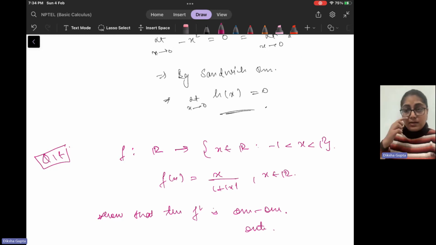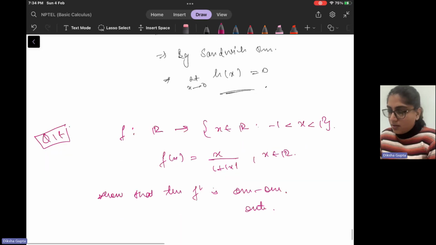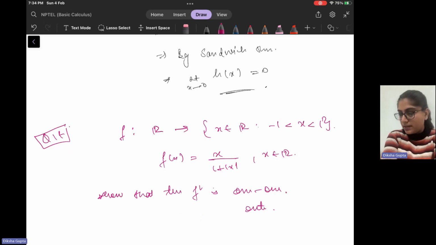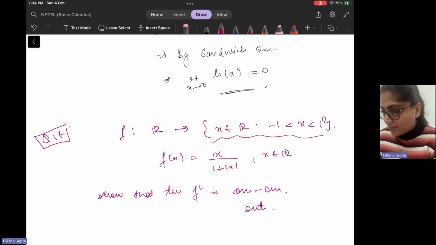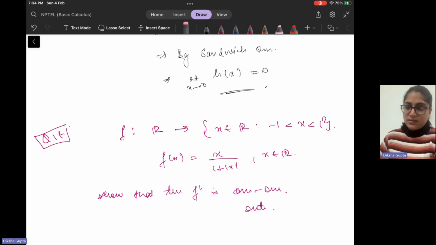One-one means that for any points x and y, or you can say that every point in the domain goes to a unique image in the range. And onto means that for any point you pick in the codomain, it has a pre-image, so that the codomain is the range.